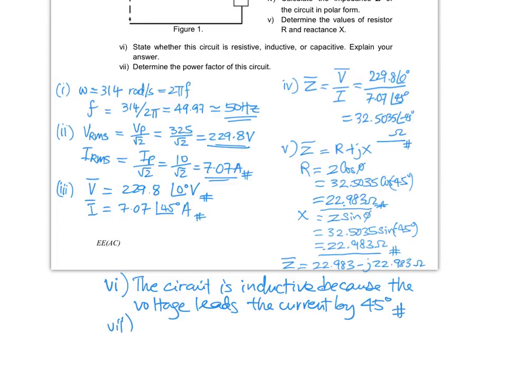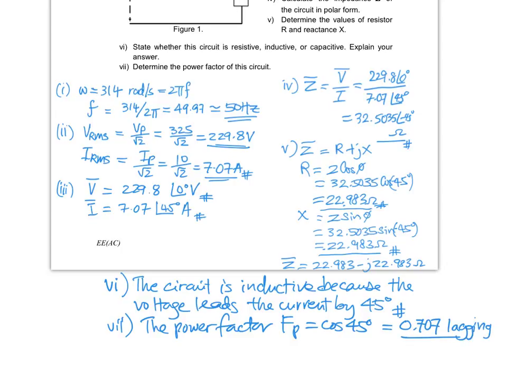Therefore, the power factor PF is cosine 45 degrees, which is 0.707. Current is behind, right? So it's lagging. Okay, so that's the answer.